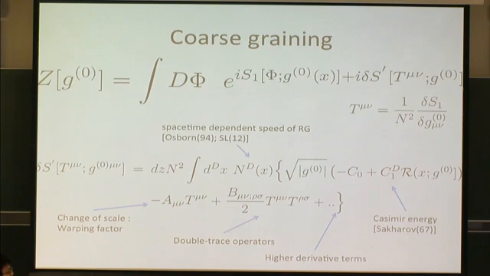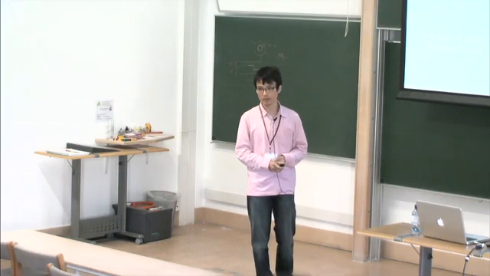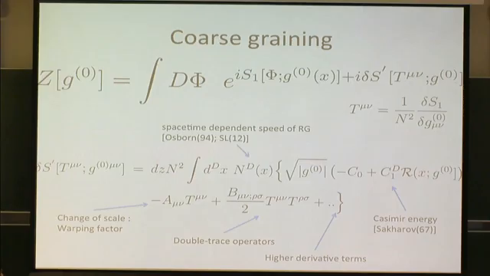I include only two derivative terms here. There are higher order derivative terms, but up to two derivative level, you have some constant piece, and then the Ricci scalar. And the important thing is that this is a Ricci scalar for the d-dimensional metric. So this is not yet d plus 1 dimensional gravity. So this is just the Casimir energy.